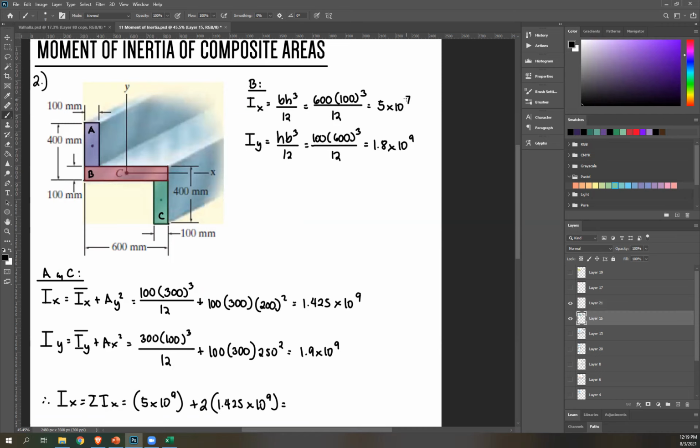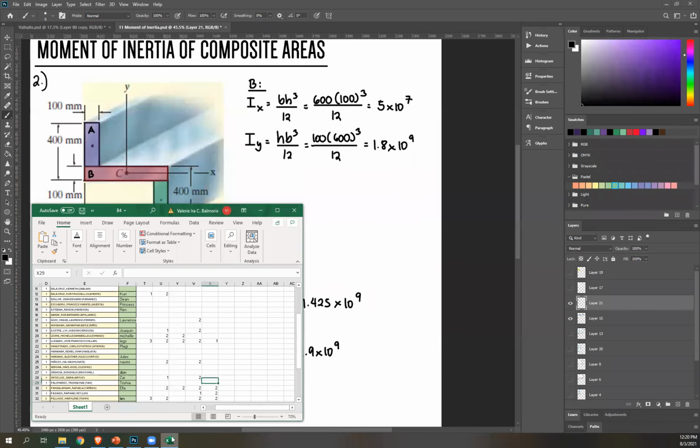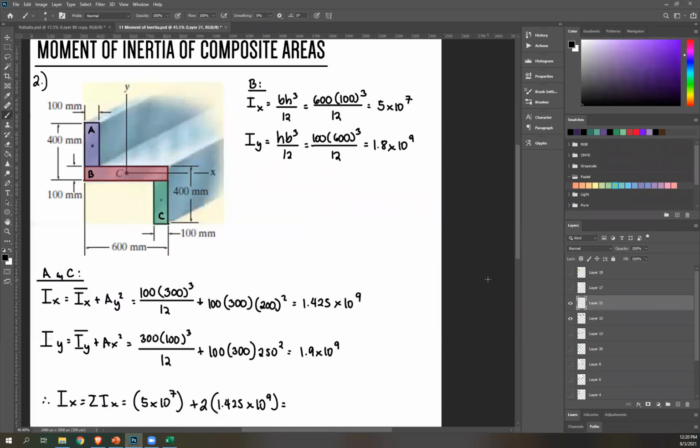Correction, this is 7. 7. Correct, Rafael. It's 2.9 times 10 raised to 9. And then unit is just millimeter raised to 4 for moment of inertia.